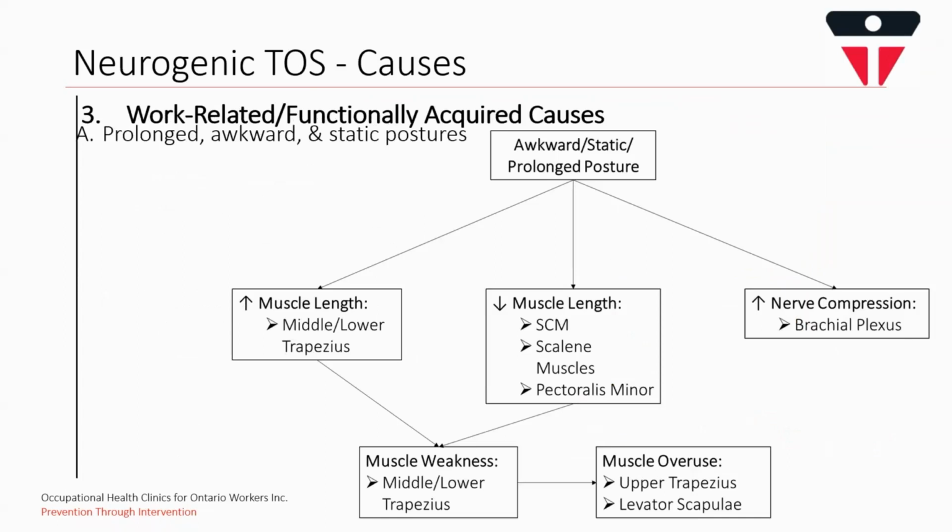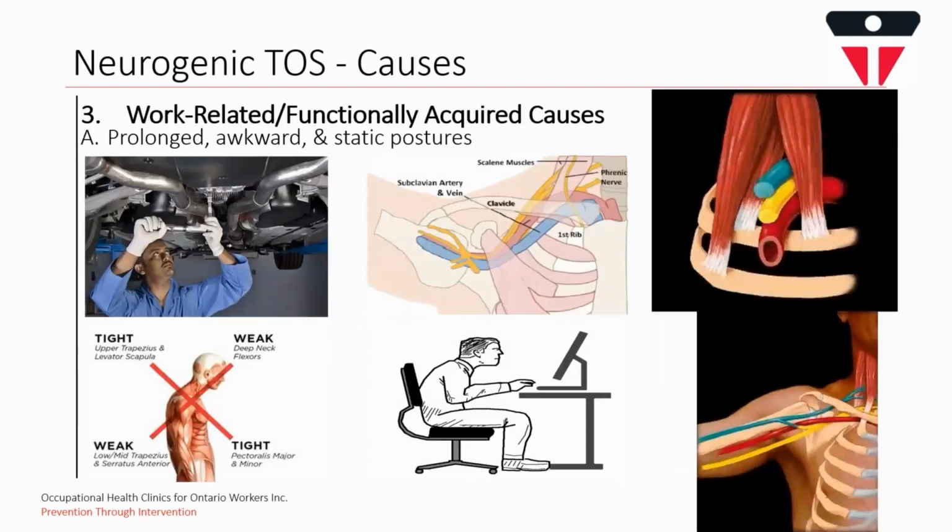Work-related causes: awkward, static, prolonged postures. This can have an effect on some joints, increasing muscle length, making them more lax. Others decrease the muscle length, and they can also increase nerve compression. This can then cause muscle weakness in some muscles or an overuse in others. These are just examples of overhead work.